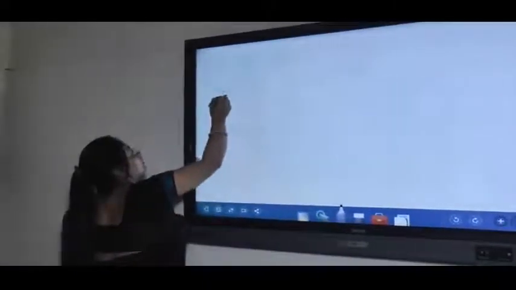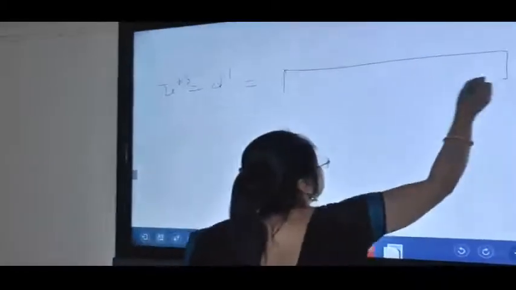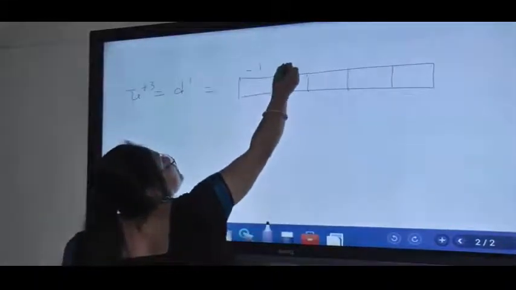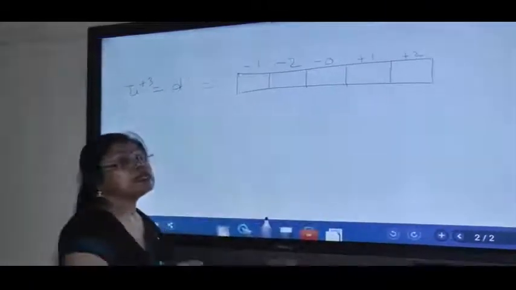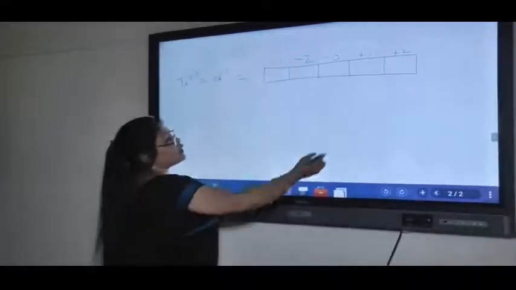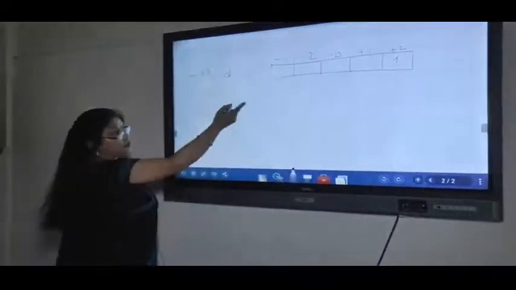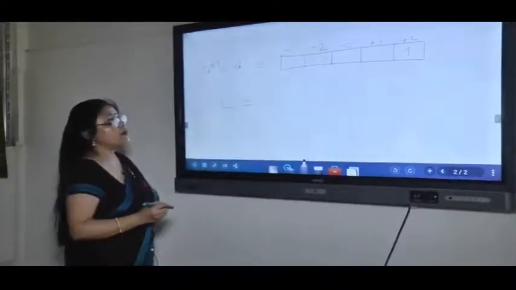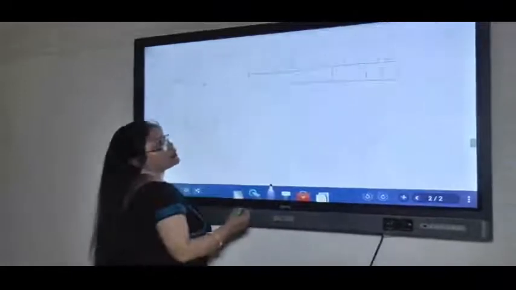The +3 one with only one d electron can have different types of microstates. What are microstates? Microstates are different arrangements of electrons in different orientations. So only one d electron, let us first take it in the +2 orbital. So the total orbital angular momentum can be calculated by the m value of that electron in that particular orbital.